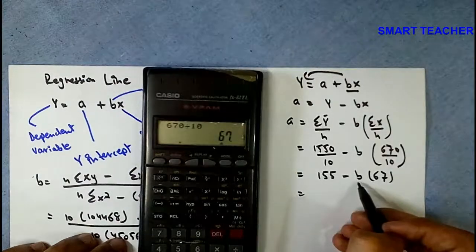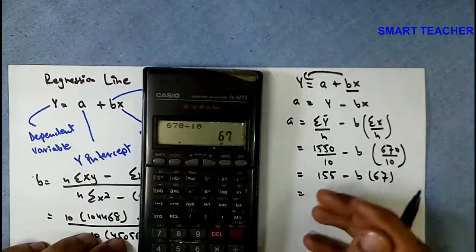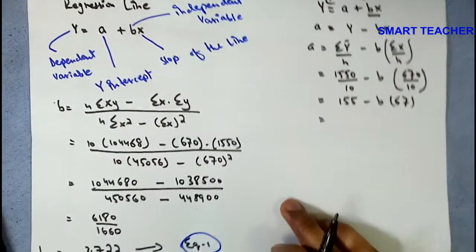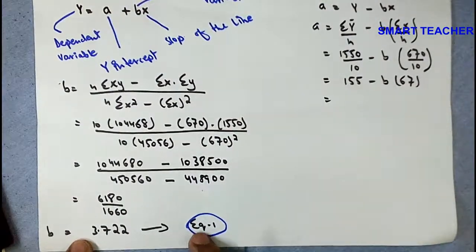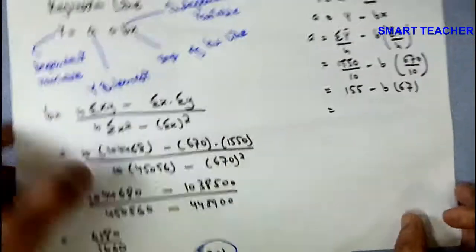Now write the value of b over here, which we already calculated in equation 1.